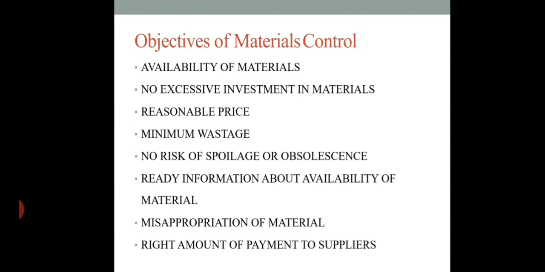Once the order is placed, invoices received from the suppliers should be approved for payment only if the items of material ordered have been received and properly checked, to avoid excess payment to suppliers.